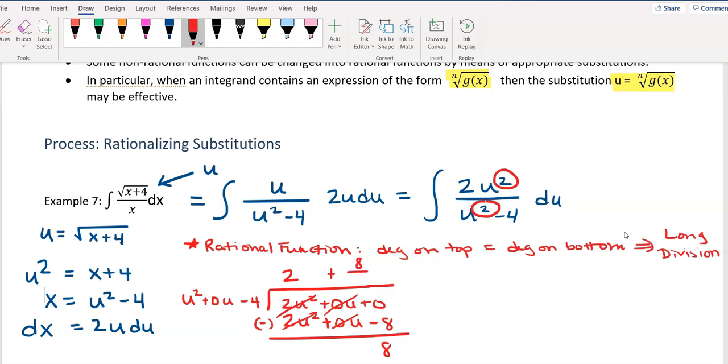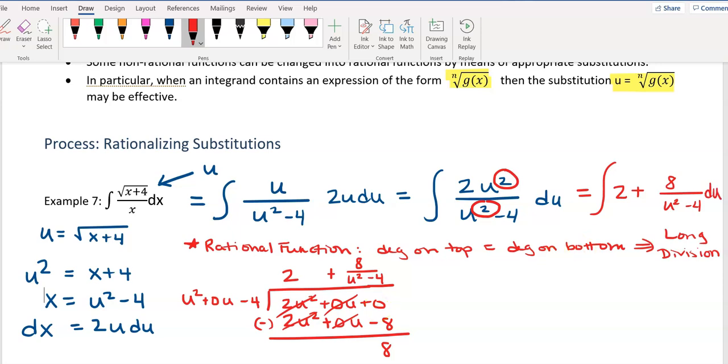And remember, you always want to write your remainder over top of your divisor. So I'm just going to write that without the 0 term there. So 8 divided by u squared minus 4. So this new expression is the equivalent of what we started with. So 2 plus 8 over u squared minus 4 du.